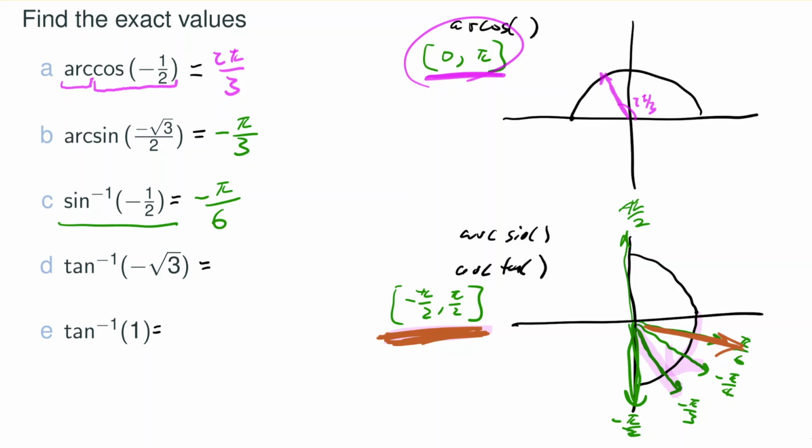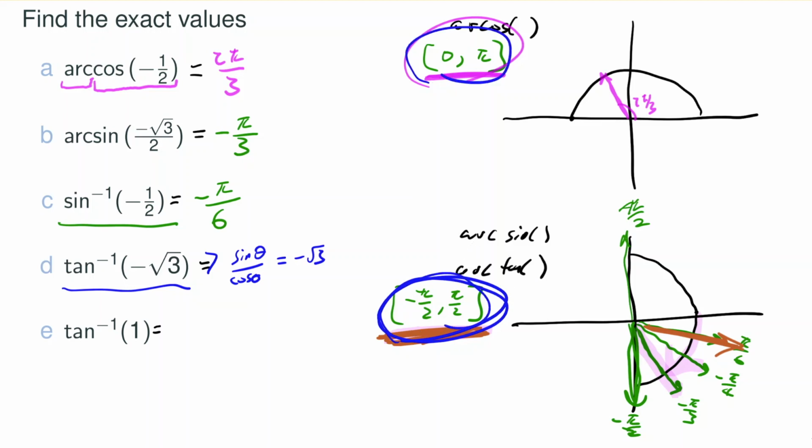So let's look at tangent inverse of negative square root 3. This is essentially asking what angle theta, such that sine theta over cosine theta, because that's one way we can find tangent, which is essentially finding slope, will give us negative square root 3. In this range, again, this is always implied for all the inverse trig functions. This range for sine inverse and tangent inverse, and a different range for cosine inverse.